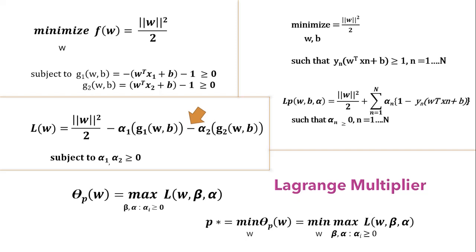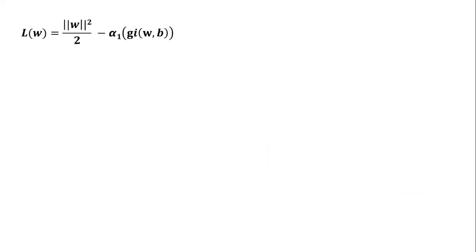Now, suppose our g of i is negative, so for maximizing this term, we will make it very large negative infinity, so that negative negative will become positive infinity, and then we will minimize the w term in the function. So this is all about the primal Lagrange multiplier for finding the optimal solution of these types of objective functions.